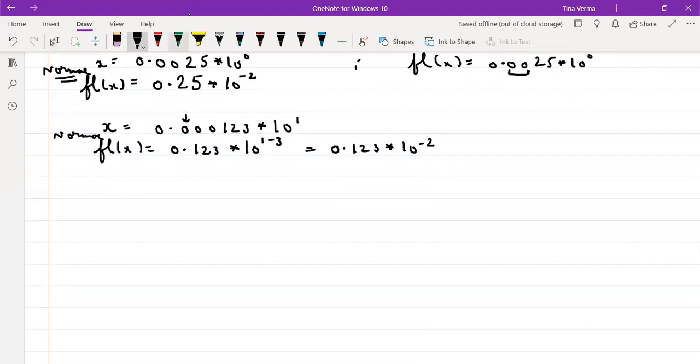So the next part is the overflow and underflow. Because we are storing the number in our computer, that should have limited space. So if your number is very large, then there will be overflow. And if your number is very small, that can't be stored in the computer, that will be your underflow.